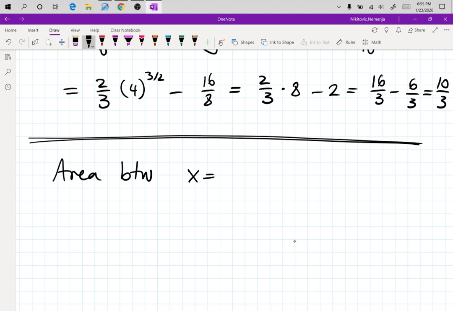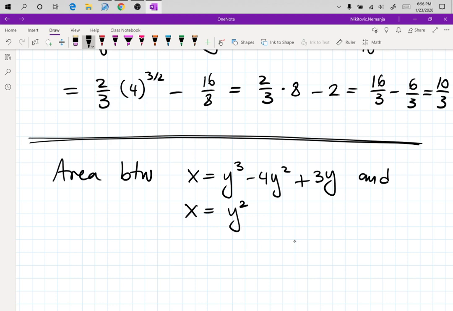Area between x equals y cubed minus 4y squared plus 3y and x equals y squared minus y.